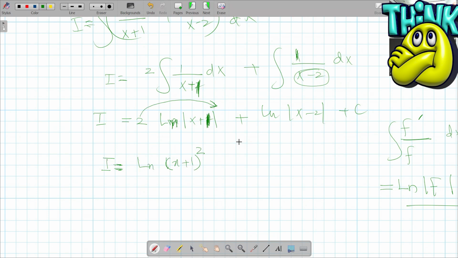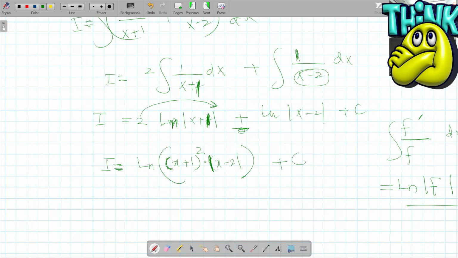For addition, you multiply this with x minus 2. This is now in a single logarithmic function. We have used the power rule of logarithm and the product rule of logarithm.